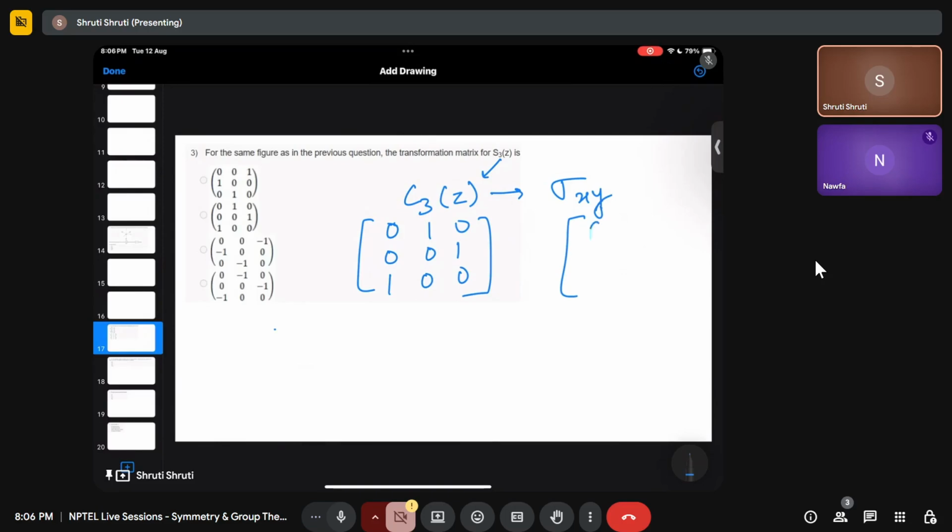So 1 will become minus 1, this will become minus 1, this will become minus 1. Right? So the answer should be D. Is this the answer? Can we see?